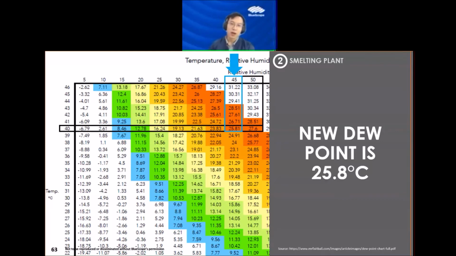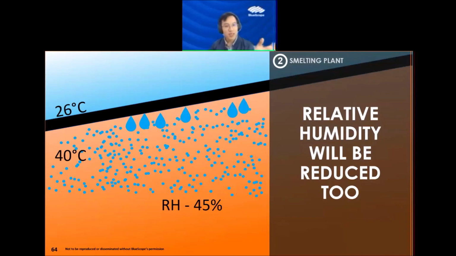Okay, so in this case, there will no longer be any more condensation happening because the dew point is below the surface temperature. So this is how we determine at what temperature the moisture will start condensing using dew point.